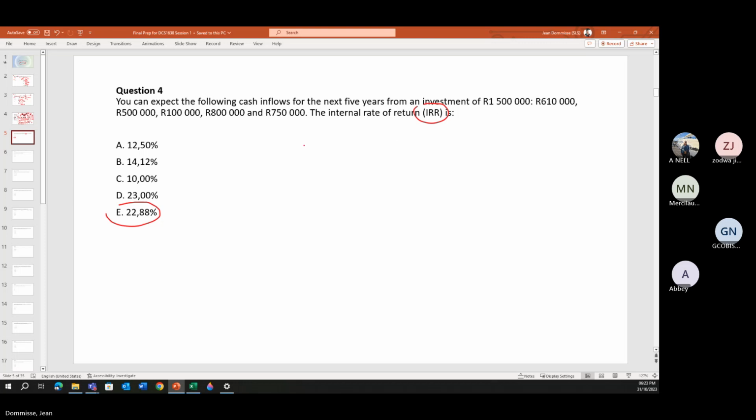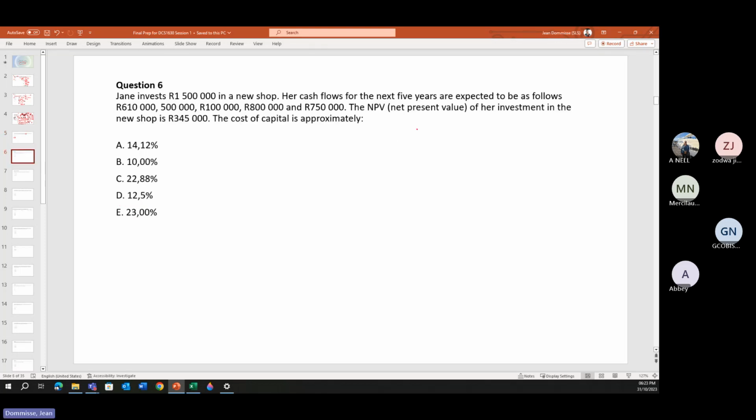1.5 mil. So let's look at 1.5 mil. There was 610, 500, 100,000, 800. And when the net present value of the investment in the new shop is 345, what is the cost of capital?